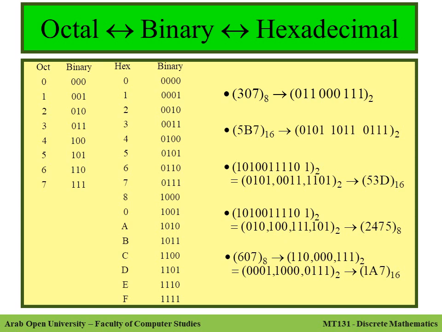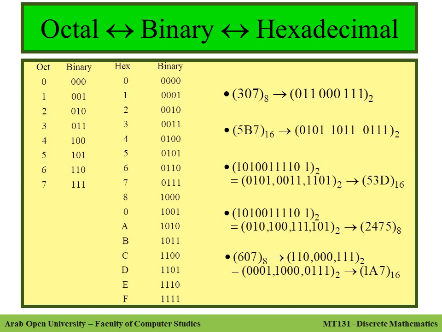B is equivalent to 1011, where the B is replaced by 1011. Finally, the 5 is equivalent to 0101, where the 5 is replaced by 0101. So the result will give you the representation of the number in the binary notation.